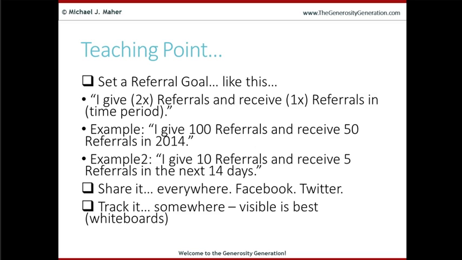The other thing you need to do with your goal, just like any good goal, is to track it. We believe that somewhere visible is best. We track ours in Excel and also on whiteboards in the office. So imagine our clients coming to the office and seeing our outgoing referral board with a long list of outgoing referrals, and an incoming referral board with a list of incoming referrals.